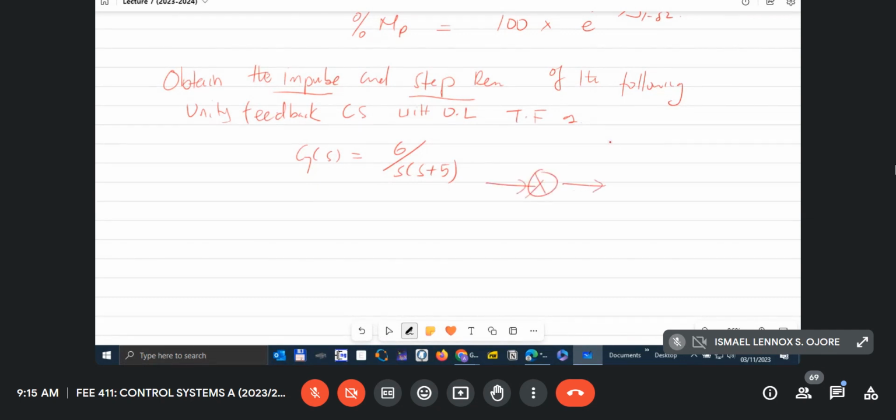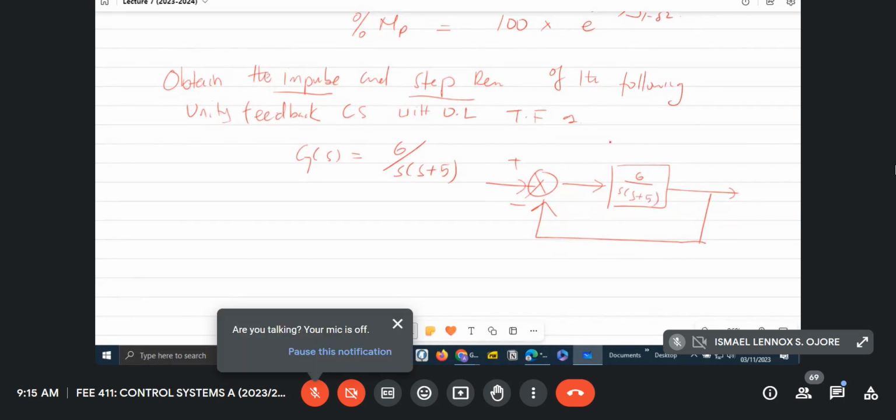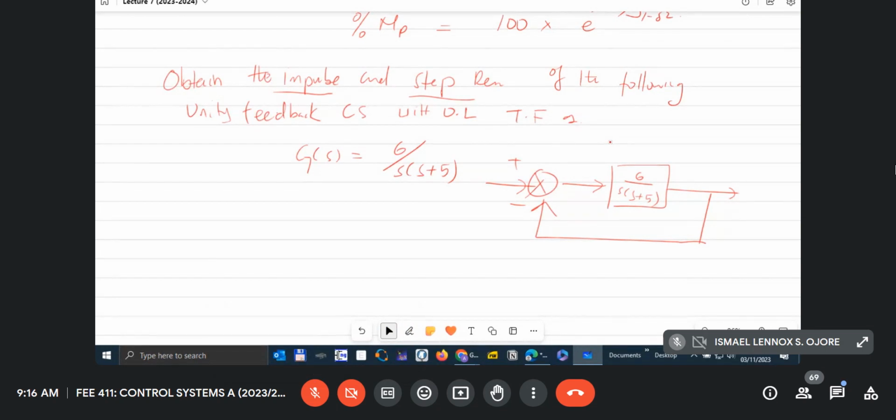In control, if the nature of feedback is not stated, then you assume it's negative feedback, unless you are told this is positive feedback.